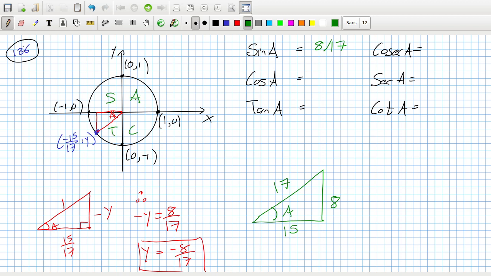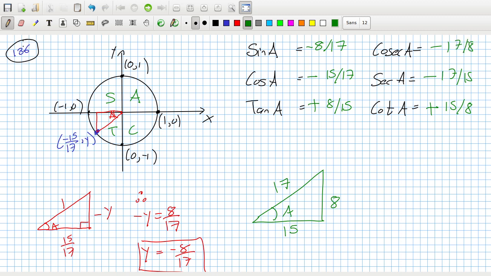So in this quadrant here, only the tan is positive. So these answers are negative, and these answers are positive. Okay, so cos A would be 15 over 17. Tan A would be 8 over 15. And then this is 15 over 8, 17 over 15, and 17 over 8.